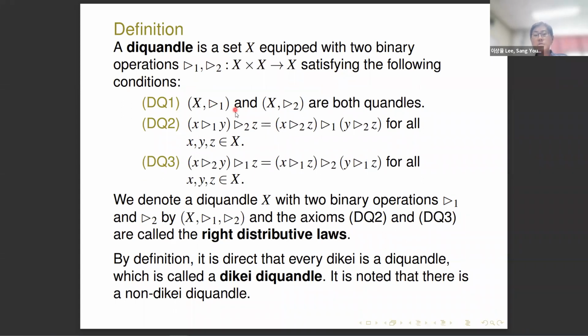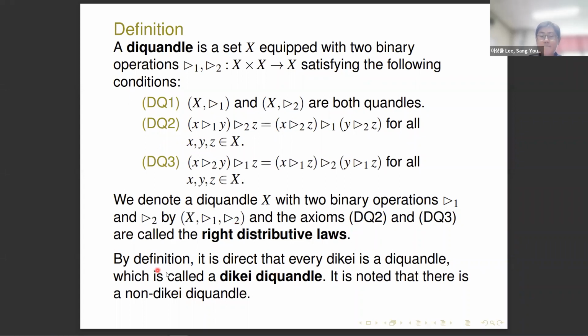X delta 1 and X delta 2 are both quandles, and DQ2 and DQ3 are right distributive laws among the two binary operations, delta 1 and delta 2. A diquandle is also denoted by this triple.